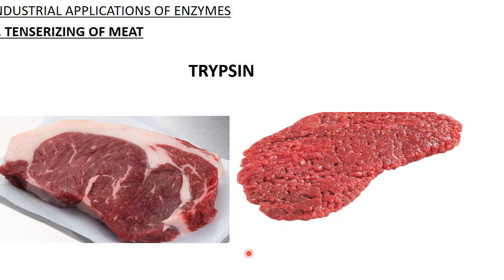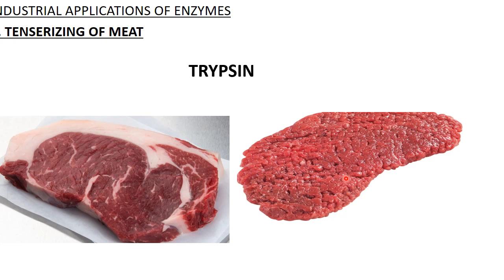Trypsin works on the proteins that make up this leather. Then after that, we're going to have this soft leather. So in short, trypsin works on the proteins that make up leather, and we get a soft leather. That's how tanning occurs, and that's how enzymes are applied.